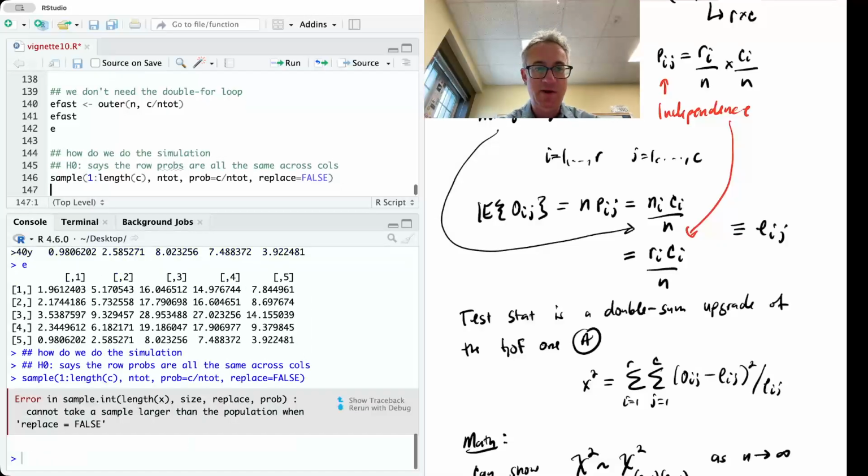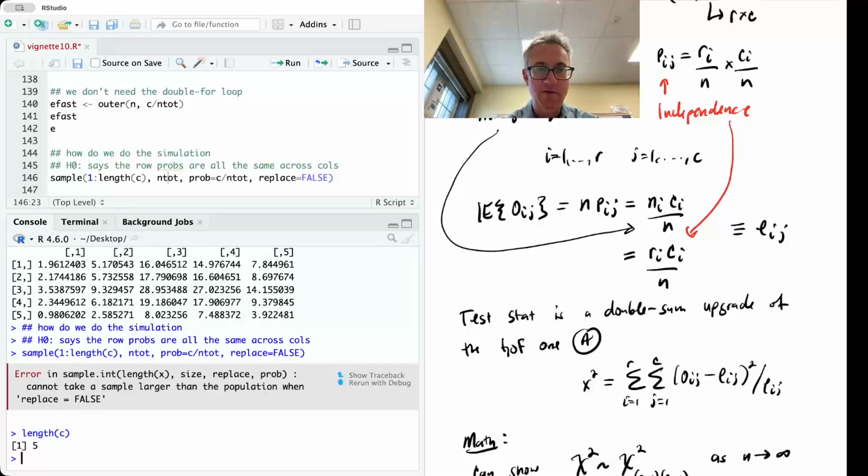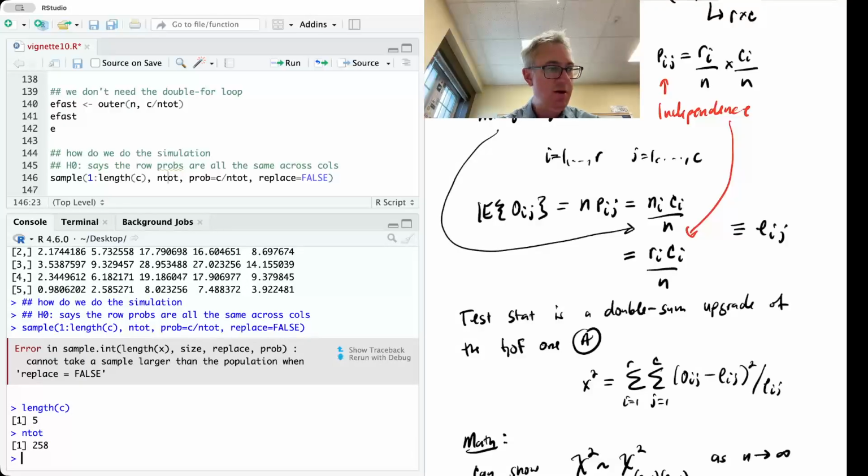Okay, so that's how I could generate, whoops, I've got some kind of mistake here. N tot, probability is C, length of C. What is the length of C? 5, N tot. Oh, I mean replace equals true. I don't know what I'm thinking.